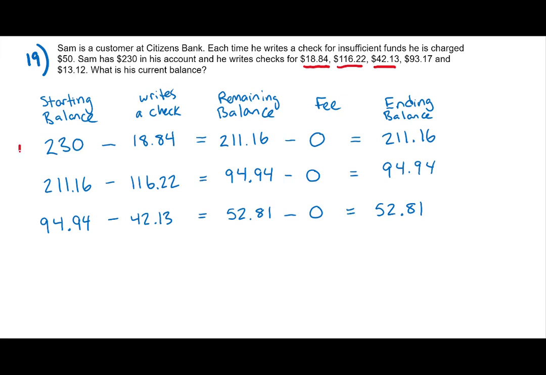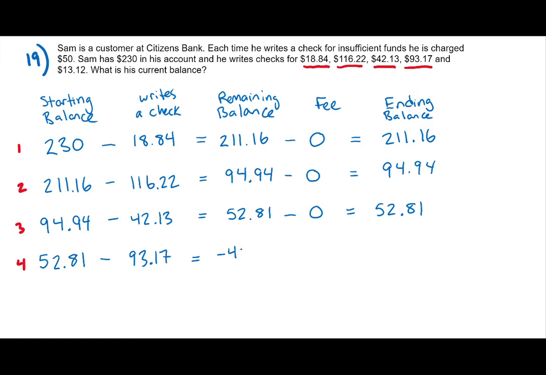All right, so we've got check number 1, check number 2, check number 3. So let's move on to check number 4, $93.17. Okay, now there's a problem. He only has a starting balance after those first 3 checks of $52.81. But then he writes a check for $93.17. Definitely doesn't have enough money in his account to cover that check. So when we subtract off that $93.17, we're going to get a negative number.